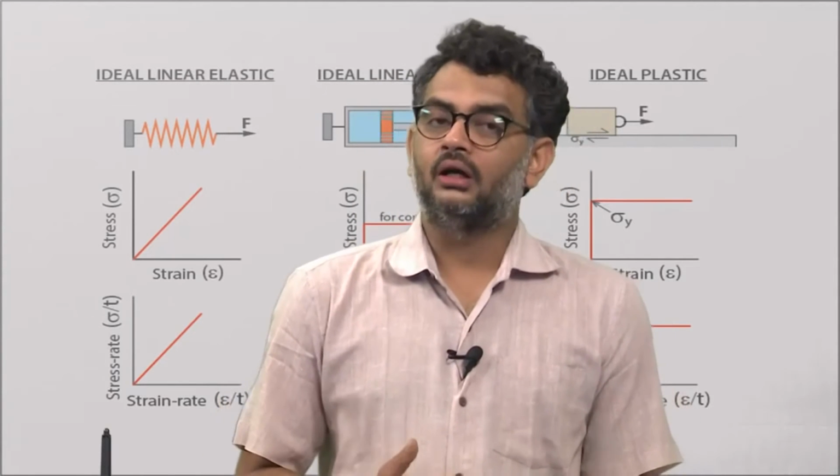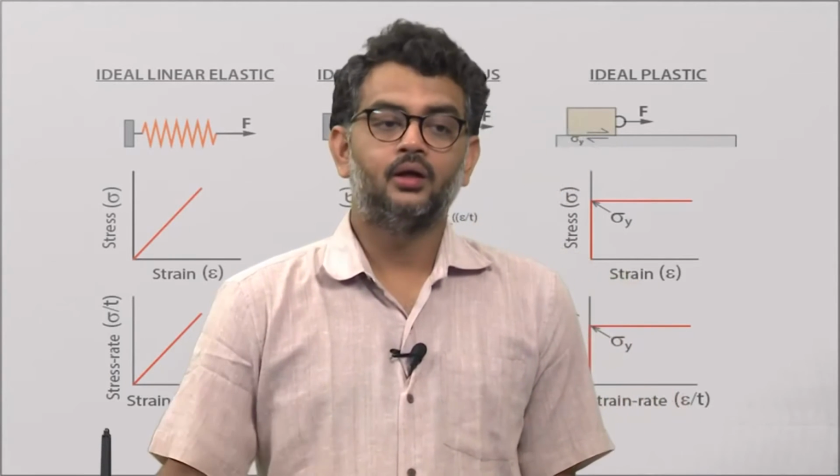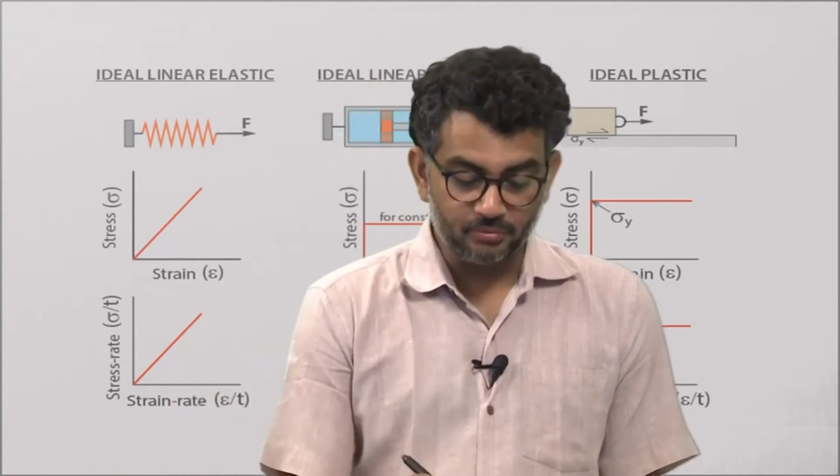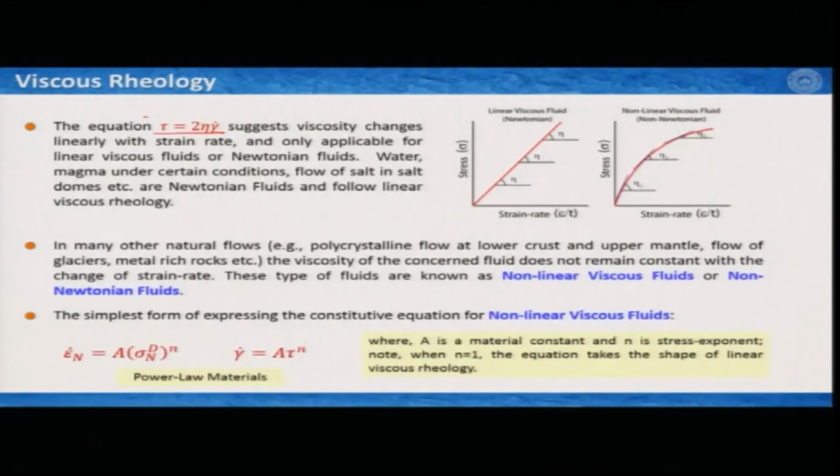Now, we talked about linear viscosity. This is evident from this equation where shear stress is proportional to the shear strain rate with a constant. So, this suggests that the stress changes linearly with strain rate, and it is only applicable for linear viscous fluids or Newtonian fluids.